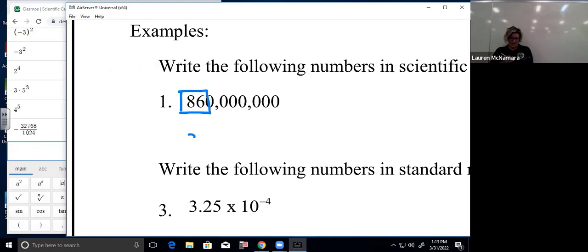So I'm going to go ahead and say 8.6 times 10. So here's where I'm putting the decimal and I have to count how many places I moved it. 1, 2, 3, 4, 5, 6, 7, 8. And it is a positive 8. It's a positive 8 because that's the way I move the decimal.